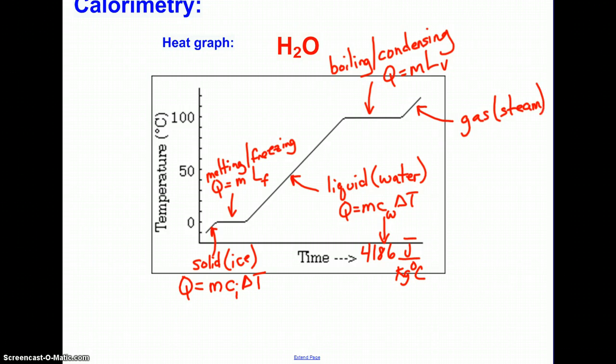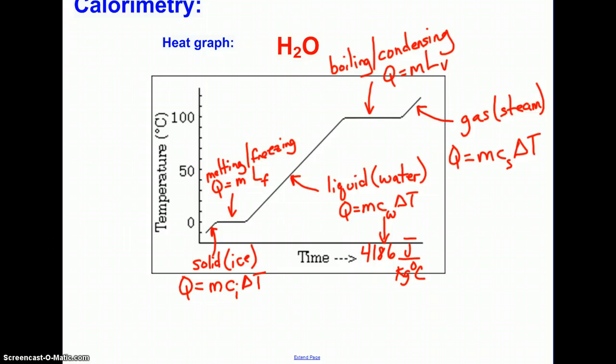One thing you learn here is that steam can be hotter than 100 degrees Celsius, and the worst kind of burn that you could ever get would be a steam burn from super hot steam that is well above the boiling or condensing point of H2O. How will we calculate the heat gained or lost? Q equals mc delta T again, and this time we would use the specific heat of steam, so we'll just put a subscript S on our variable.